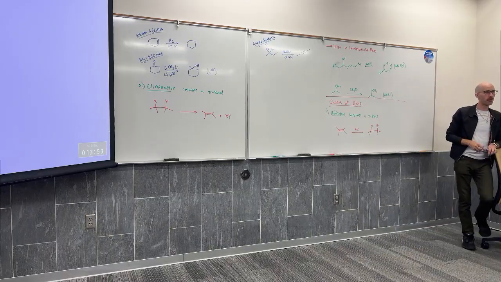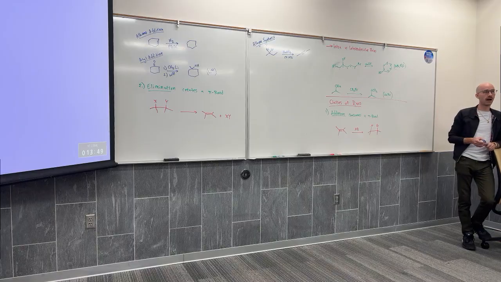To 2-dibromobutane, excess of sodium amide. Notice there I did kind of imply the stoichiometry. There is an excess reagent. And the product is 2-butene.